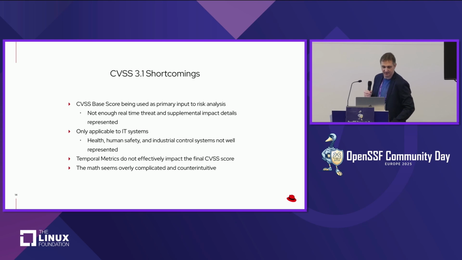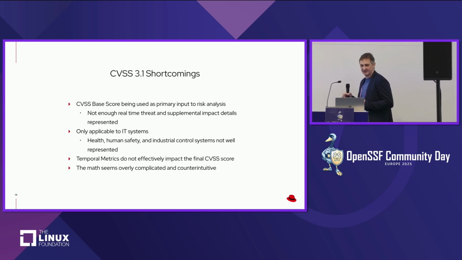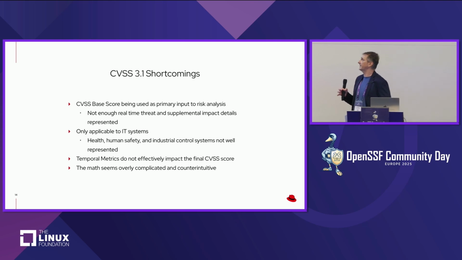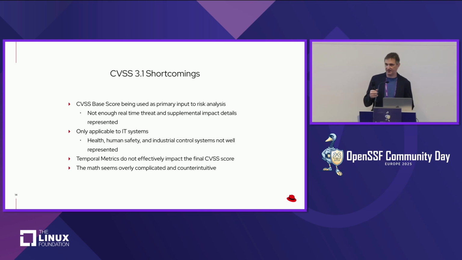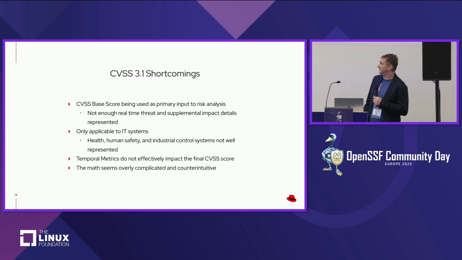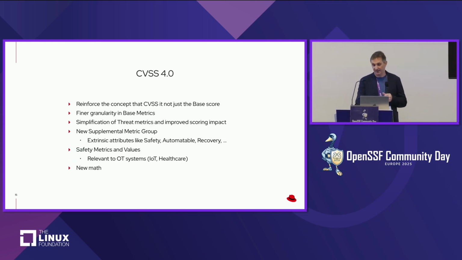And coming from traditional IT systems, there weren't too many concepts of how to apply this to physical environments that are becoming more and more relevant these days, like IoT systems or industrial control systems, health and similar, right?